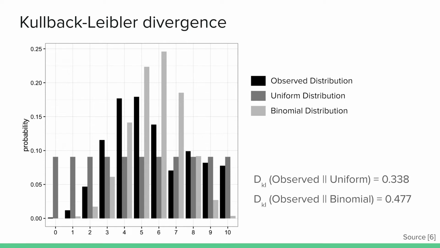When we take that divergence between these two distributions, we get a somewhat surprising outcome, namely that the divergence between the observed distribution and the uniform distribution is 0.338, whereas the divergence between the observed distribution and the binomial distribution is actually 0.477, which is higher. So we would actually be better off here just sticking to the uniform distribution than using this binomial distribution here.